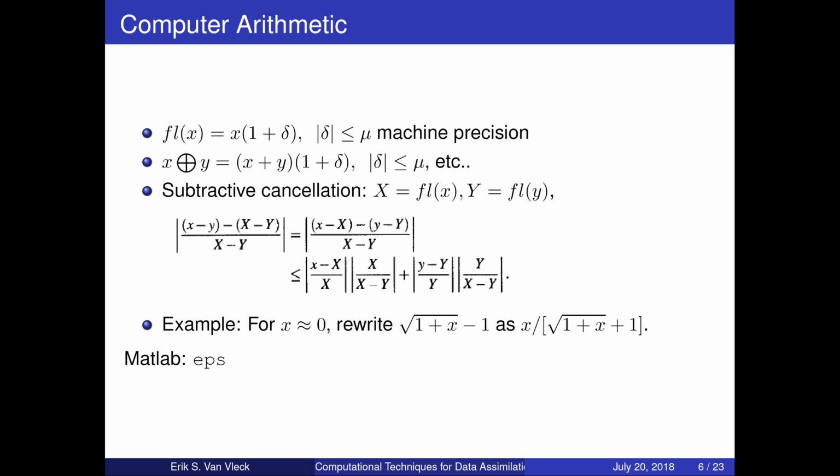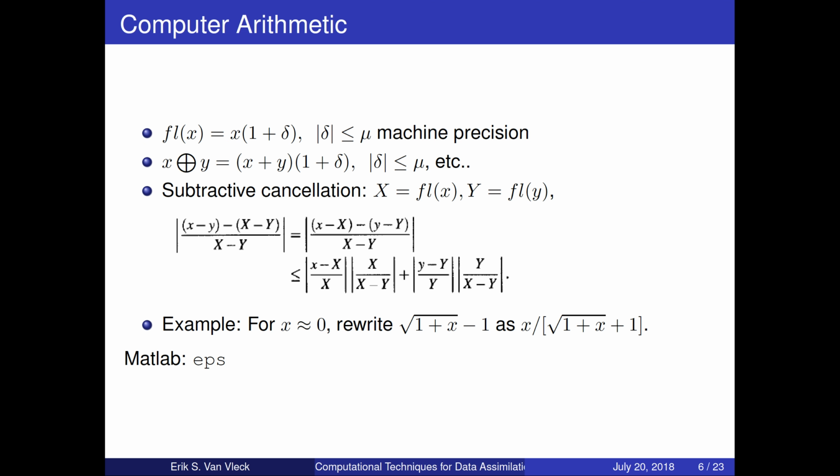One thing that we are often very careful about when we design algorithms is to avoid what's called subtractive cancellation. And subtractive cancellation is the idea that we should avoid subtracting two numbers of like size.